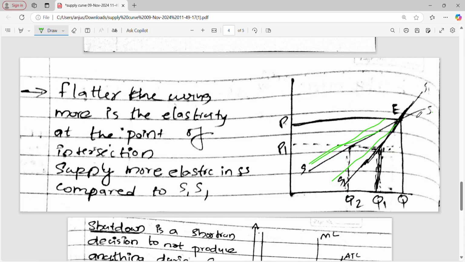Okay, wait a minute, I just messed it up. So this is SS. Okay, SS is more elastic because it is more flatter, but S1 is more steeper, so it is less elastic compared to SS.